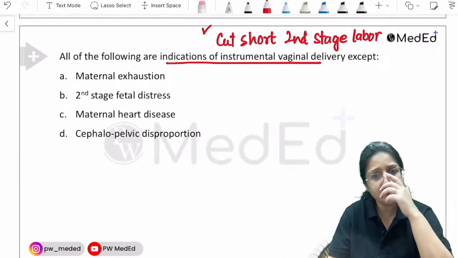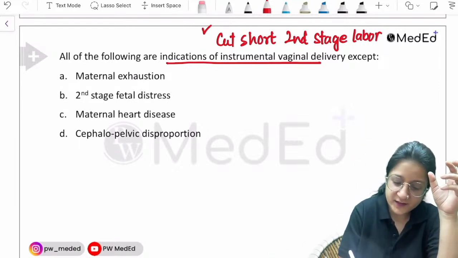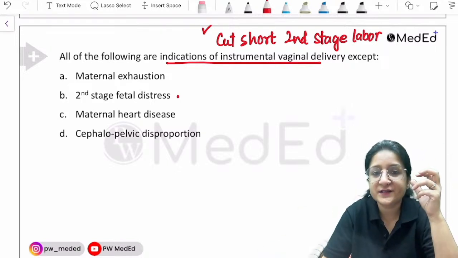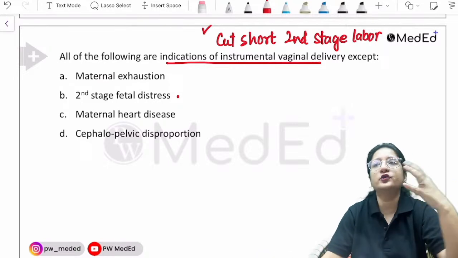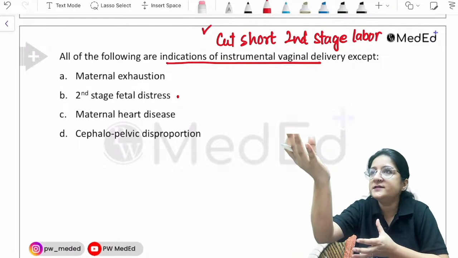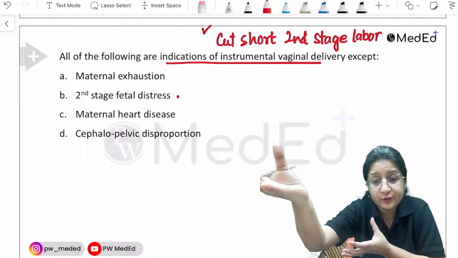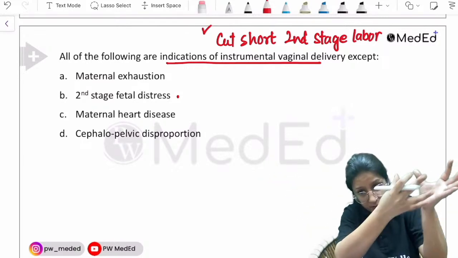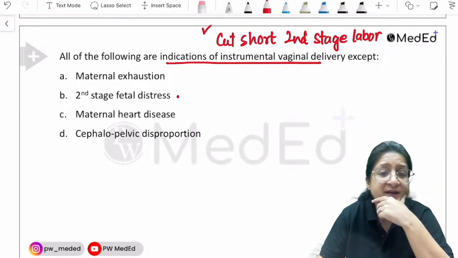Why would I want to hurry in the second stage of labor? What's the rush? Let's say there is second stage fetal distress. Then I would want to cut short the second stage. Let's say the mother has severe heart disease, and during the second stage, while bearing down, I see that she's having tachycardia, she's getting breathless, she probably will go into heart failure. Now I want her second stage to end quickly, so I want to perform instrumental vaginal delivery.